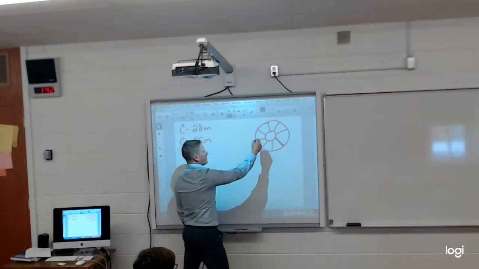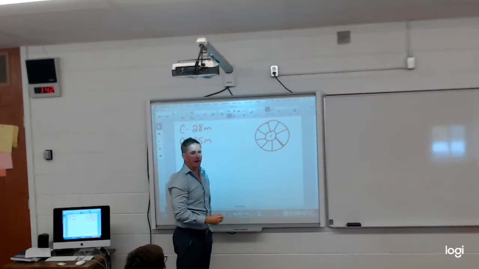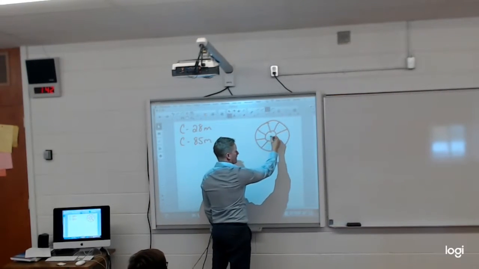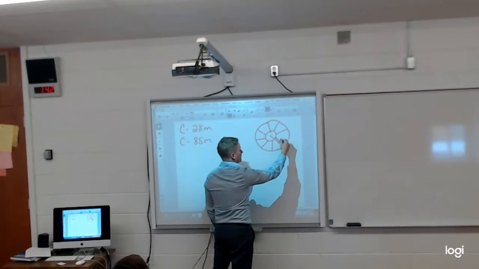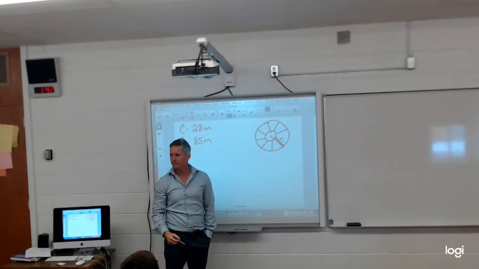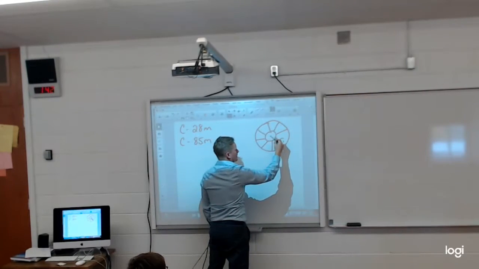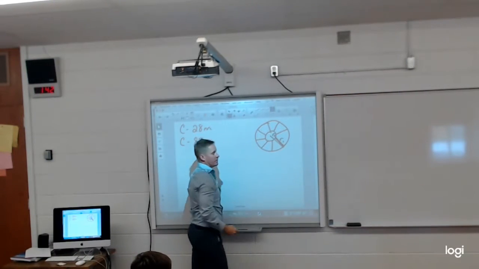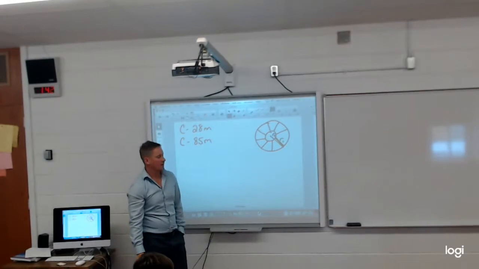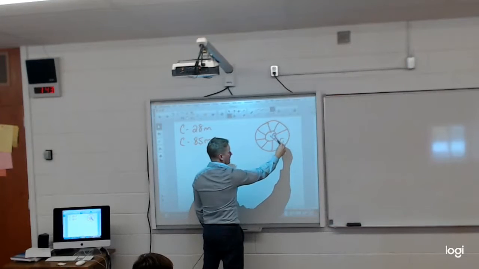If I look at this, here's the center of my circle, agreed? So from here to here, I'm going to have a radius. I'll call that radius 1. And from here to here would be what we would refer to as radius 2. I want to know this distance from right here to right here.